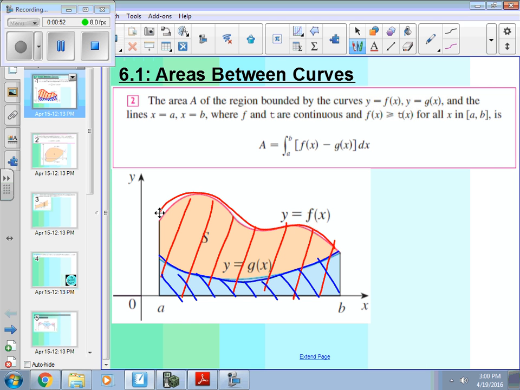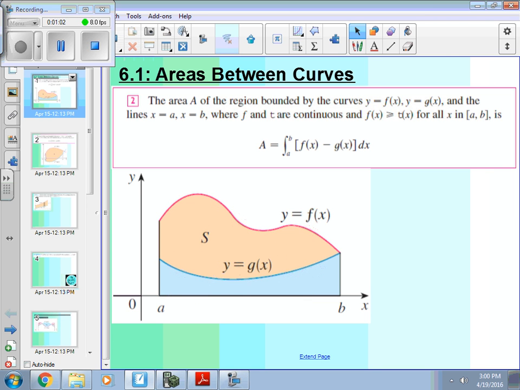So if we were to take the red area and subtract off all this blue area, we're left with what's in brown. So how we find this then is to take and subtract the two functions. And when you subtract it, you always want your top function first and your bottom function second. So you're doing top minus bottom, and the difference would be what you end up with.